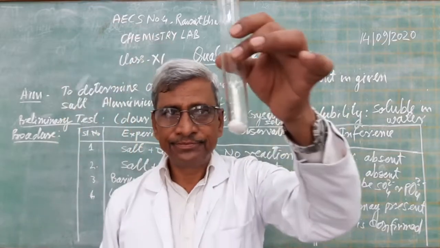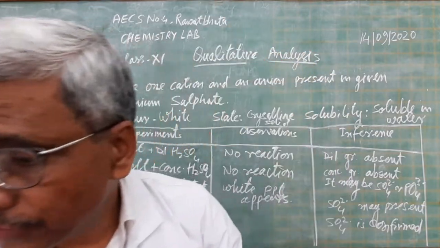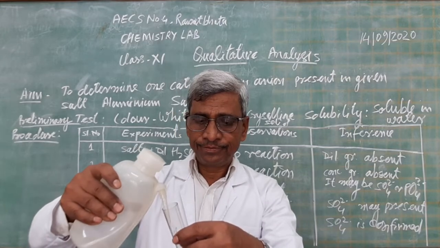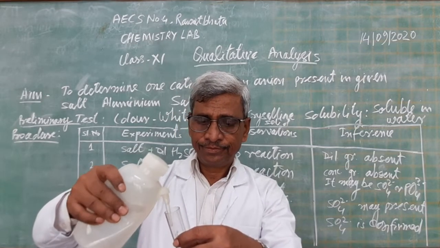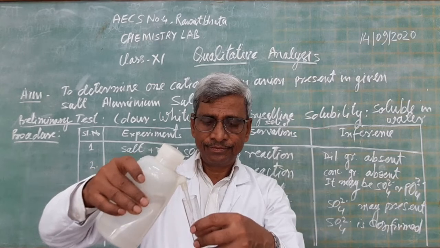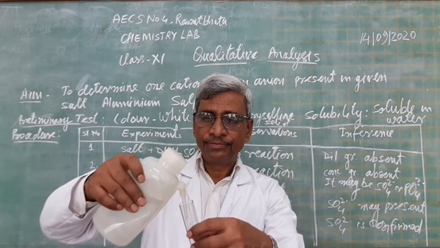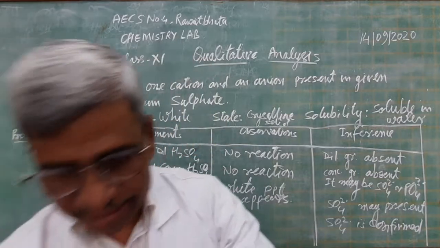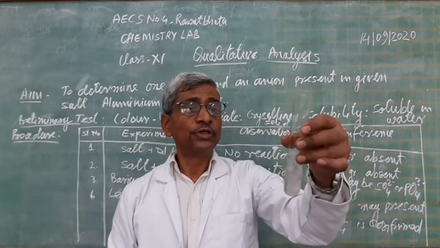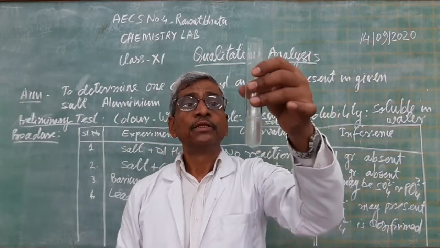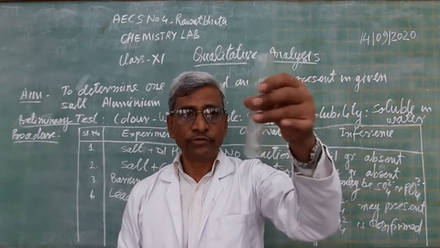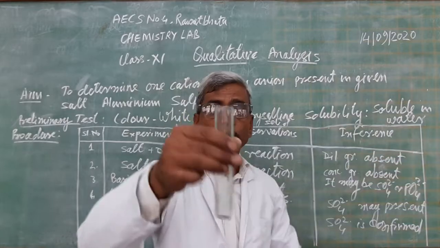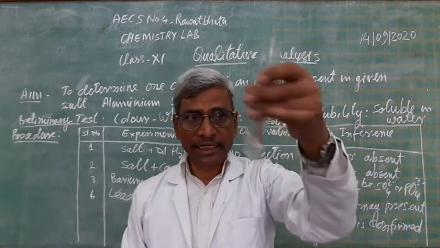Here is the salt, and add sufficient water to make the original solution. This is enough. Original solution in water. The salt is soluble in water. That's why we can prepare the original solution in water only. It dissolves in water.